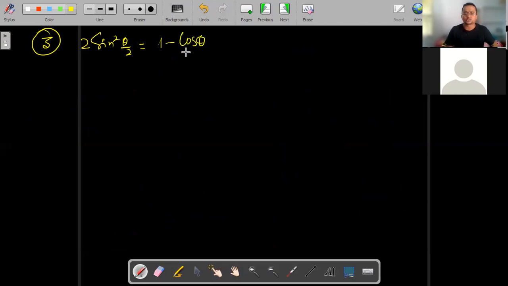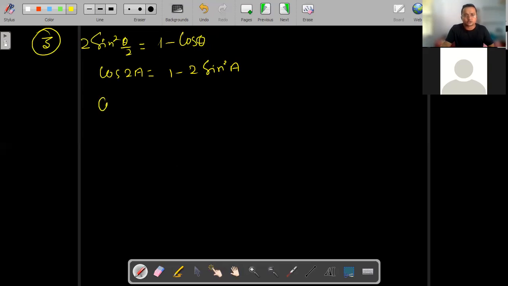Cos 2A is equal to 1 minus 2 sine squared A. Cos 2A is cos square A minus sine square A, and by using identities you can convert cos square A into sine: 1 minus sine square A minus sine square A, so 1 minus 2 sine square A. Hope it is clear, right?